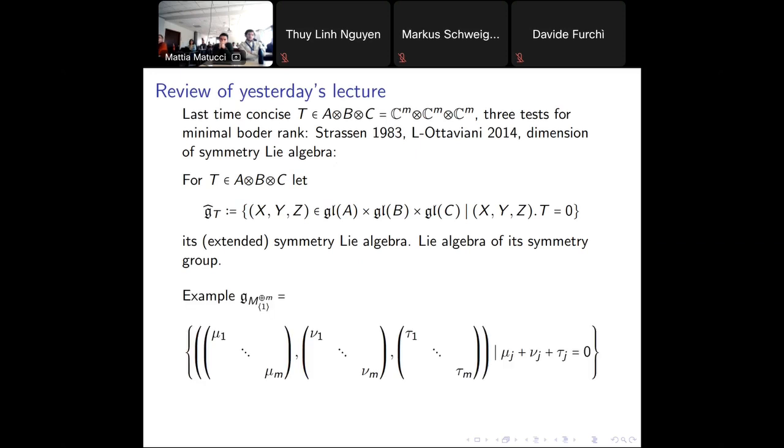So for example, if I take our friend the unit tensor, which should be on the board, I guess. I take this unit tensor. And if I rescale A by 7, I rescale B by 3, and I rescale C by 1/21, this whole thing, nothing will happen.